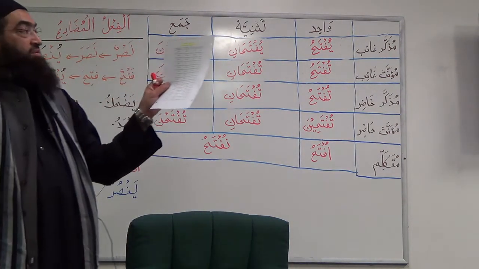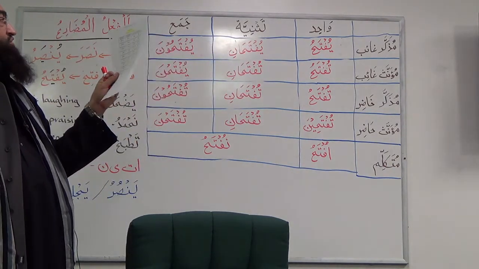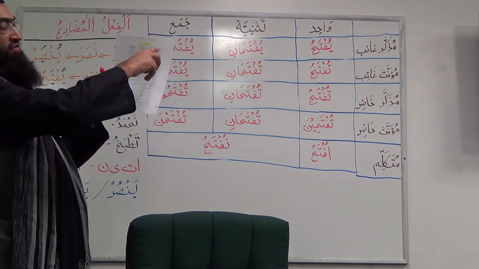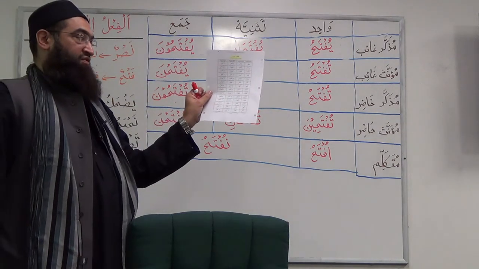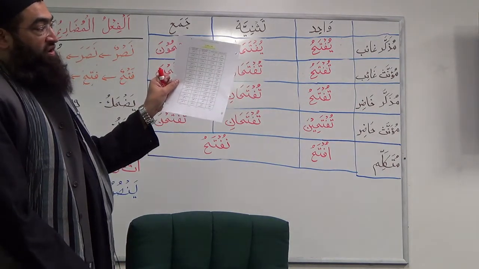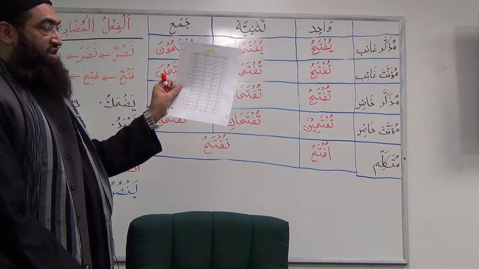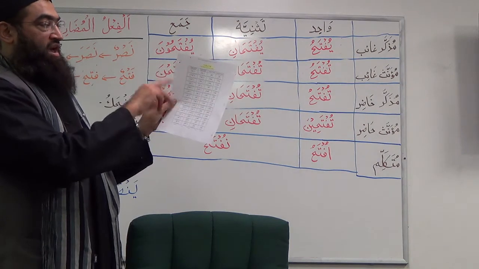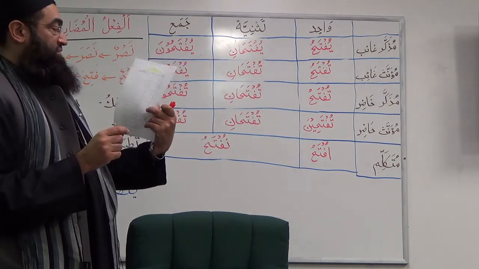So if we look at table 4.2, on page 26, it has the active voice, the passive, and then the negative with both of them, la yaf'alu and la yuf'alu.